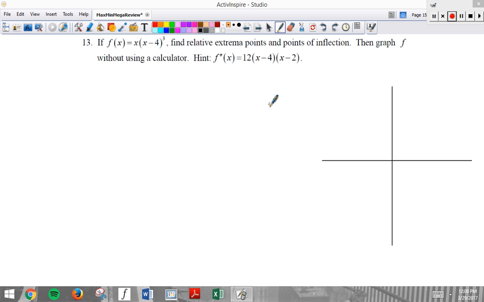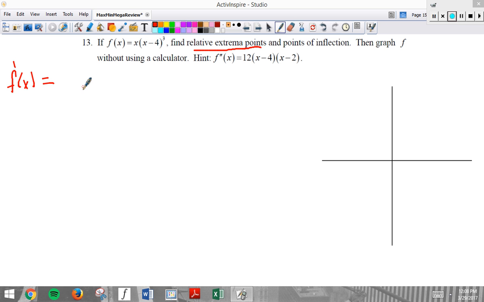Okay. They give you the second derivative. Relative extrema points, points of inflection. Go. Try it out. 3, 2, 1. Okay, so if that's f for the relative extrema, I'm going to start by finding f prime. Now, if you expanded it out, that's a bit silly. It's a little harder to do that.